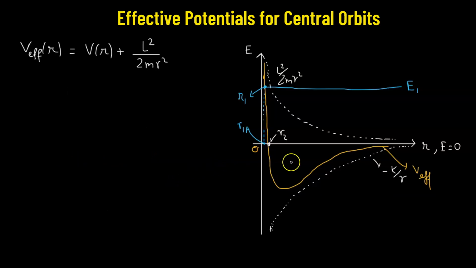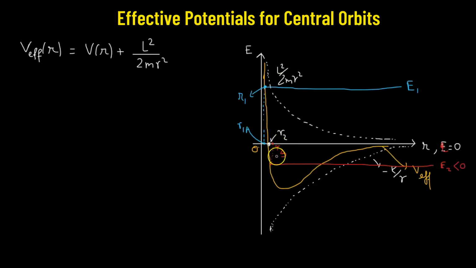Now coming to the third case, we'll consider an energy, which we'll call E2. This will be a particular value of energy E2, and our E2 is less than 0, less than this particular E value. Now what is going to happen here? The particle is going to have a lower bound, which is R3.